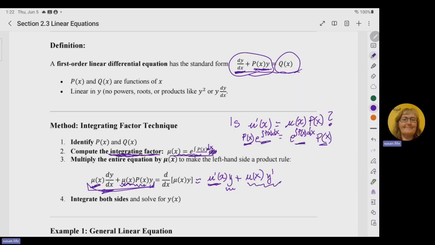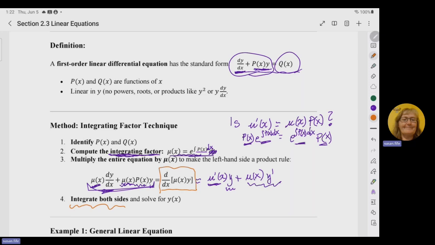So the beauty of this lies right here: by introducing that integrating factor, you're able to rewrite the left side of the equation as a single derivative. And then to undo that derivative, you integrate both sides of the equation.